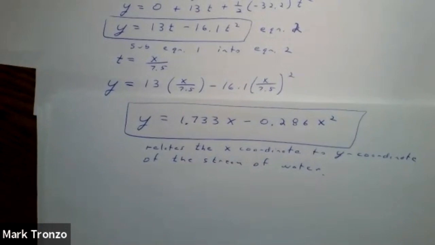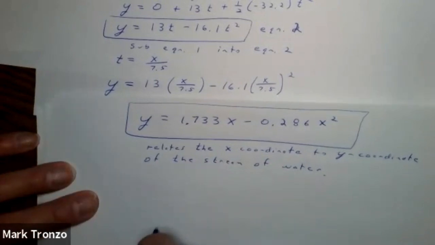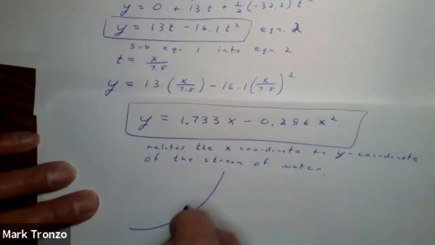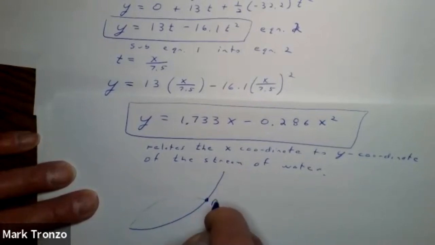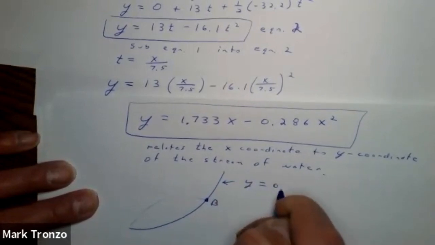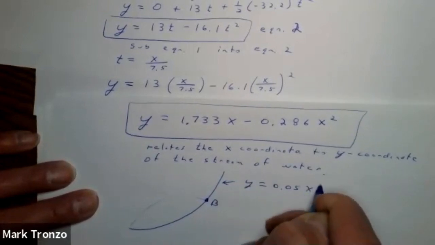So how do we know where it hits the hill? Keep in mind what we're looking for. We're looking for this point here, right here, this point B where it hits the hill. And we know the equation for the hill is y equals 0.05 x squared.